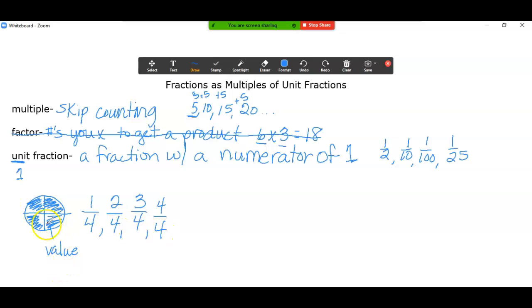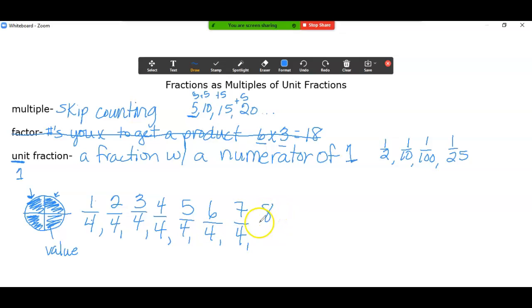What's changing is how many pieces I have, which is the numerator. That tells me how many pieces. So when I started out with just this piece, it was 1/4. When I added this piece, I now have 2/4. So I can continue on adding my multiples just like this.